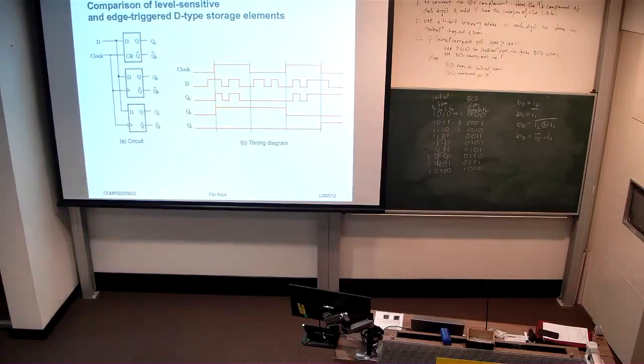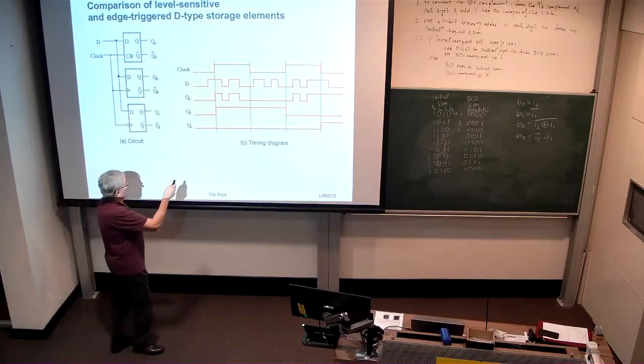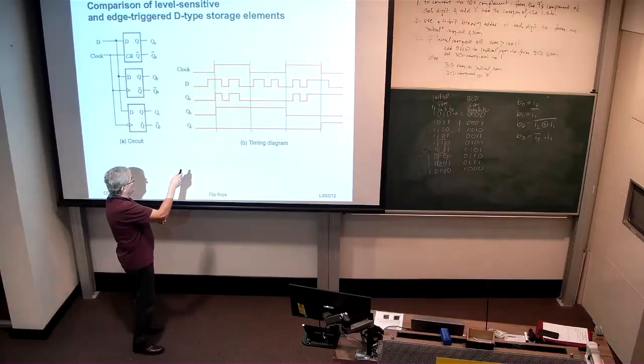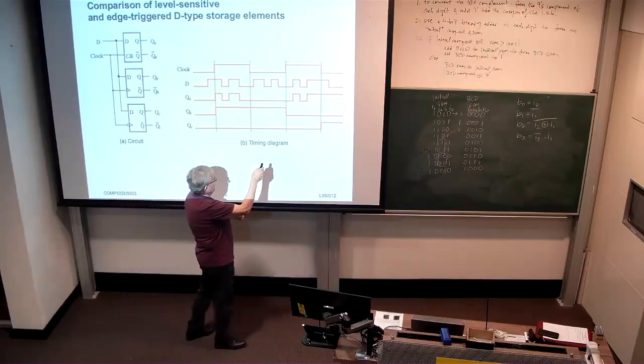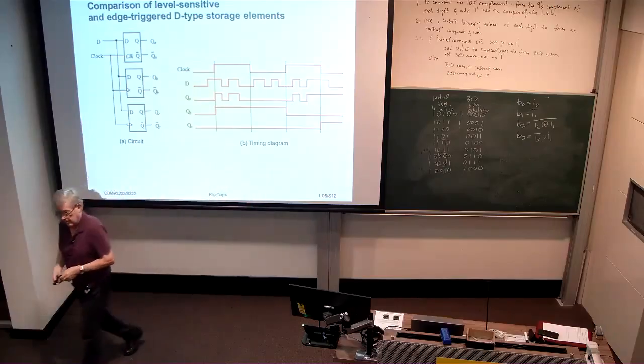As for the positive edge-triggered flip-flop, it only changes on positive edges of the clock. So when the edge changes from 0 to 1, D is high, therefore QB goes high. Here again, we have a positive edge. D happens to be low, therefore QB goes low.